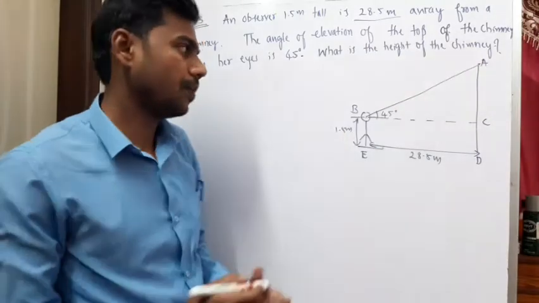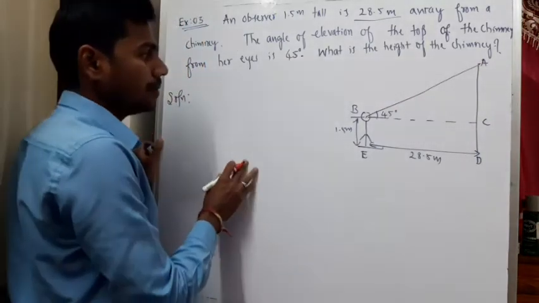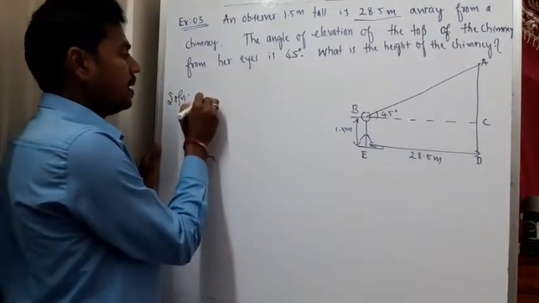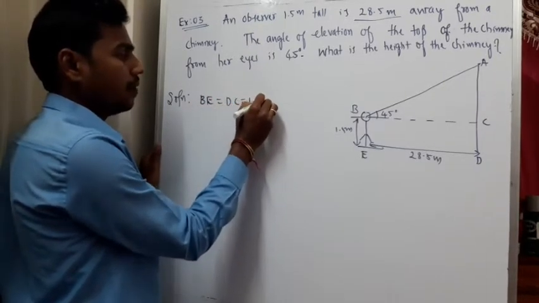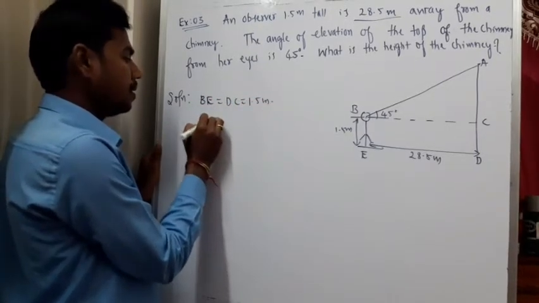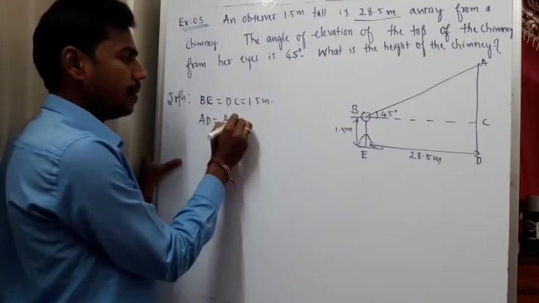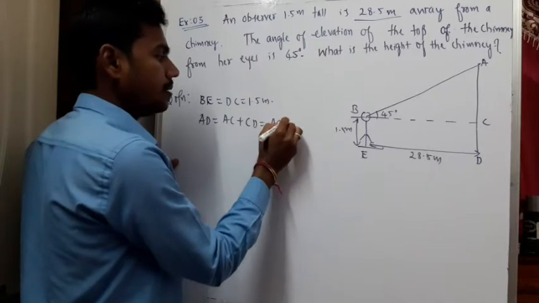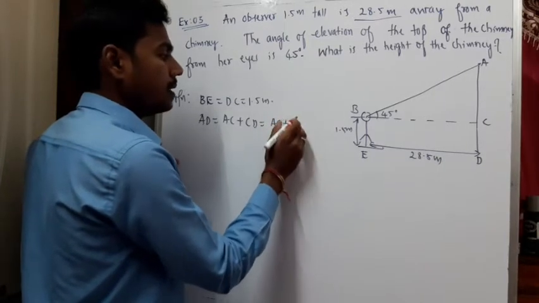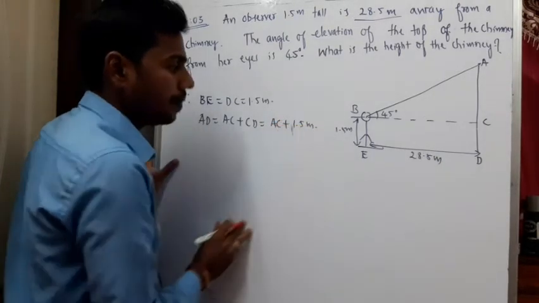That I am going to do now. So BE is equal to DC, which is equal to 1.5 meter. AD is equal to AC plus CD, which is equal to AC plus 1.5 meter.